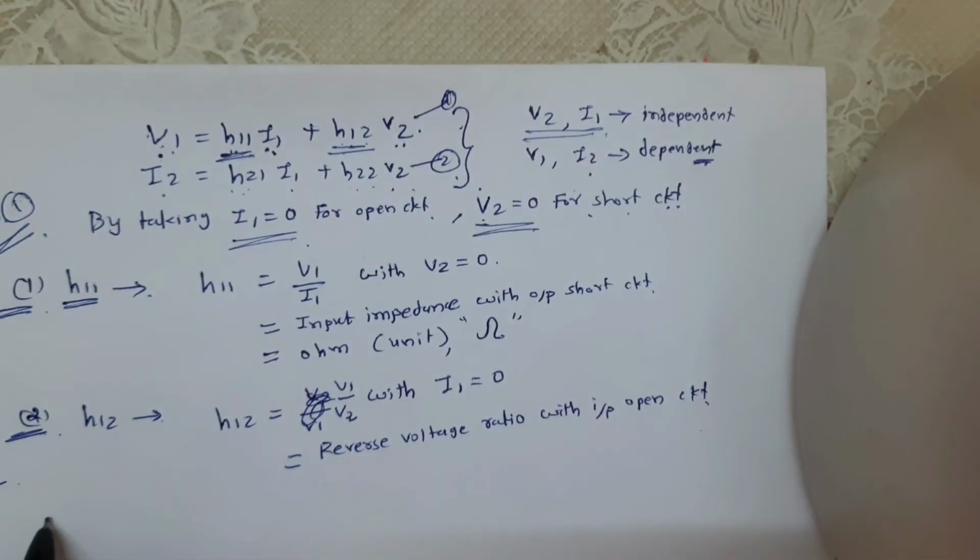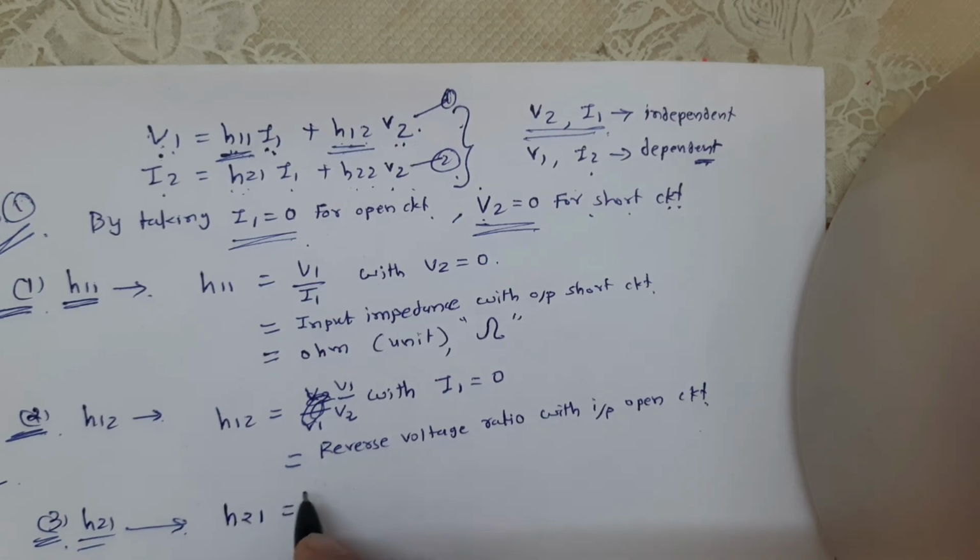The third quantity is H21, defined as H21 is equal to I2 upon I1 with V2 is equal to 0.